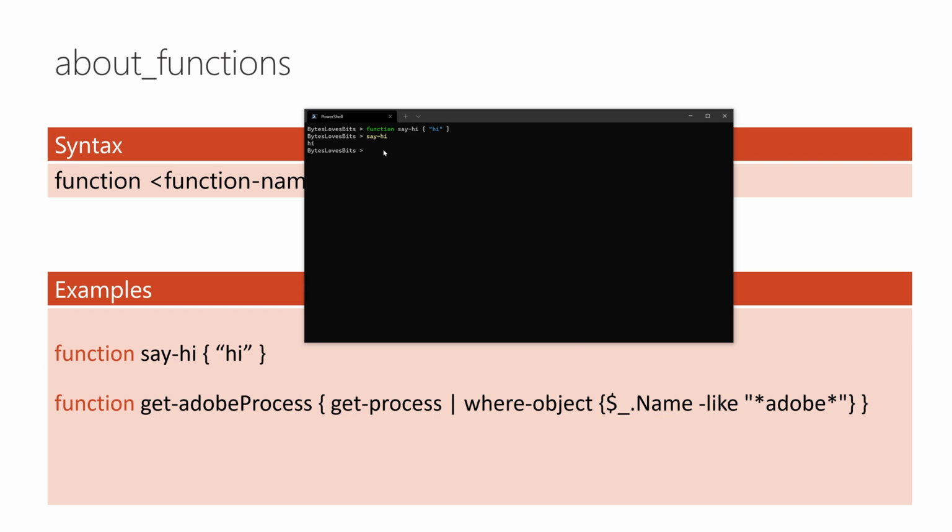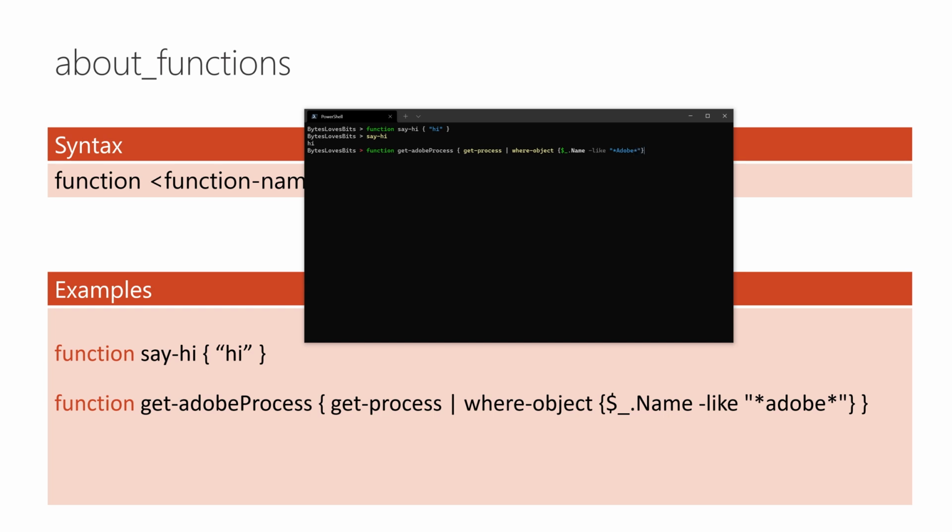So what I'm going to do for this function, I'm going to say function get Adobe process. I'm going to open the curly brace, and then I'm going to issue a command called get process, and I'm going to pipe those process objects to the where object commandlet, and then I'm going to try and find those objects whose name is like Adobe.